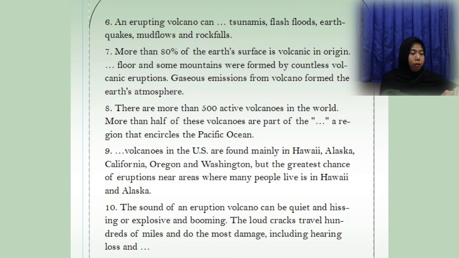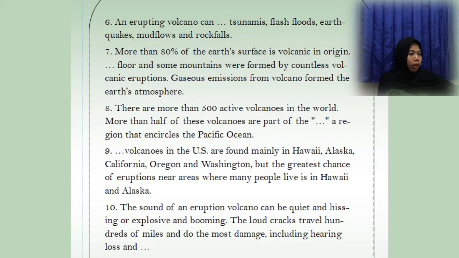More than half of these volcanoes are part of the blank regions that encircle the Pacific Ocean. Number 9: Blank volcanoes in the United States are formed mainly in Hawaii, Alaska, California, Oregon, and Washington.